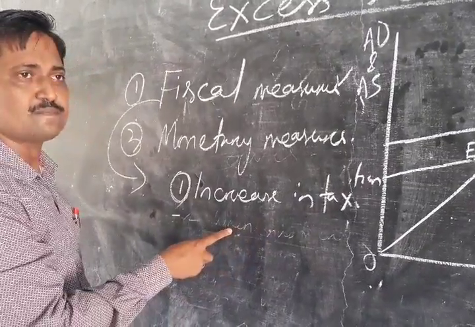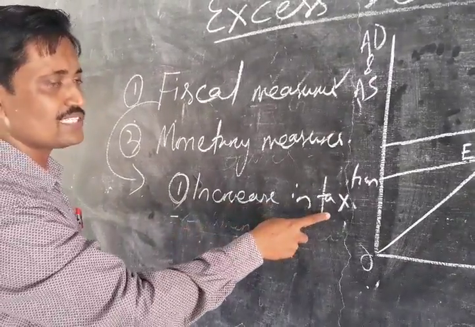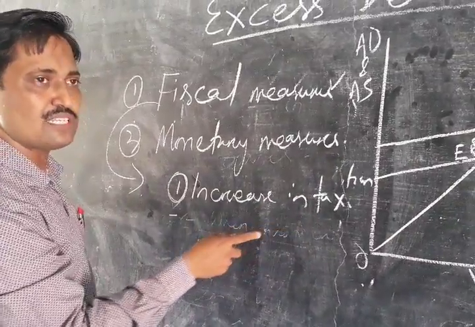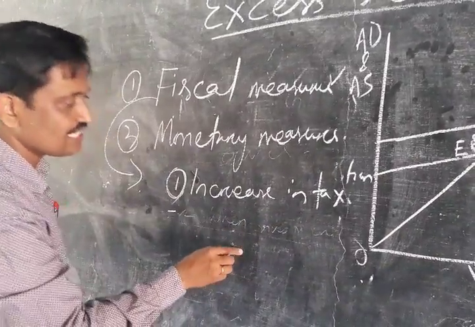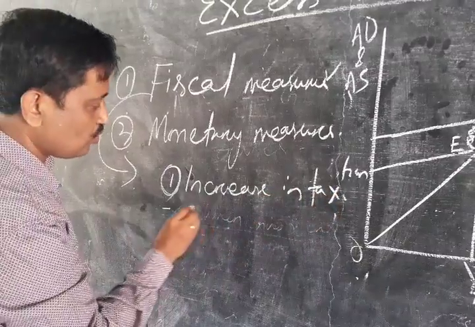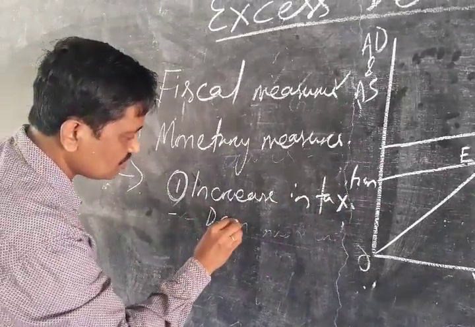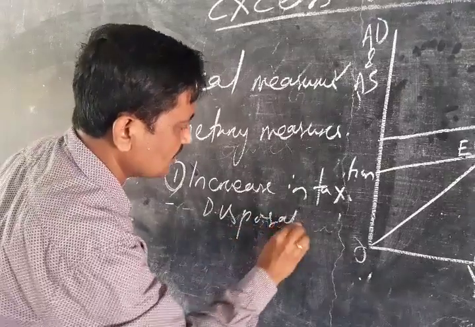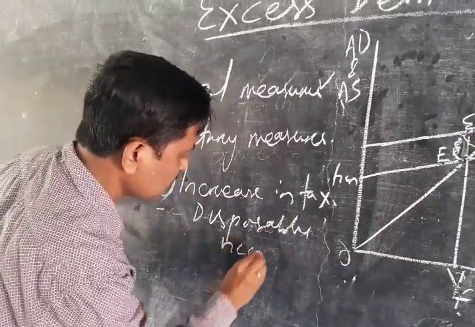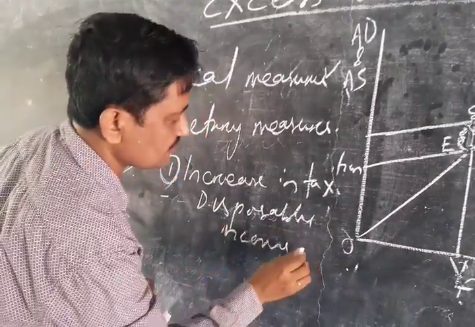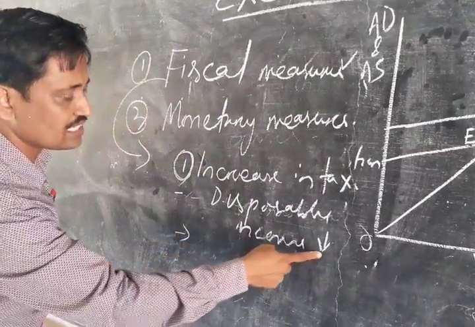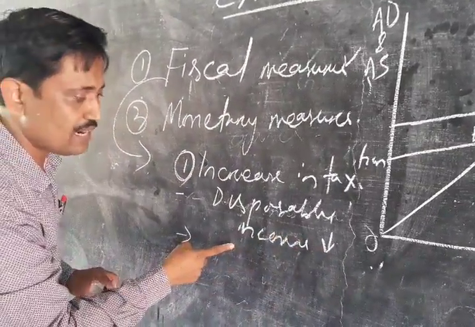Then what will happen? When the government increases the tax rate or levies new tax, then disposable income of the people will decrease. When disposable income decreases, then people will demand less.